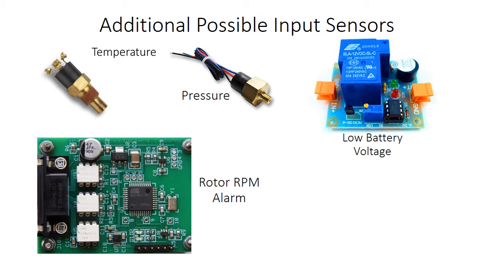And then in the upper right, this is a low battery voltage module that I found on the internet. I think it's sold for about $25 or $30. So there's ways around the approach that I'm using. I've tried to make the CAS board as open to alternative inputs as I possibly could.